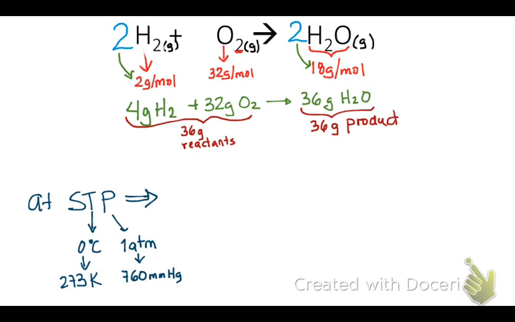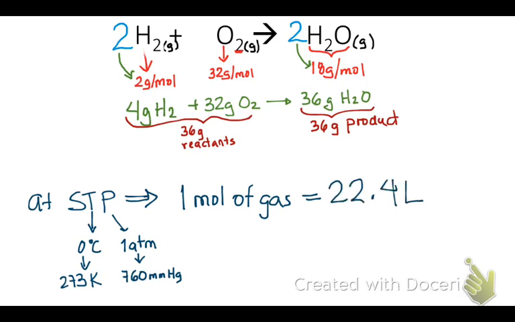So at STP, 1 mole of gas will occupy 22.4 liters. This is the volume of 1 mole of gas at those conditions. Any gas, it doesn't matter the gas.